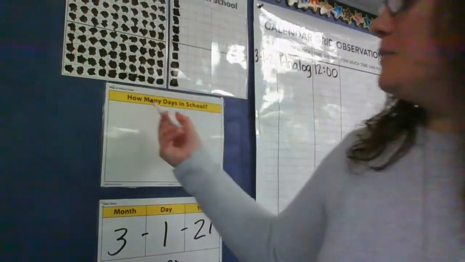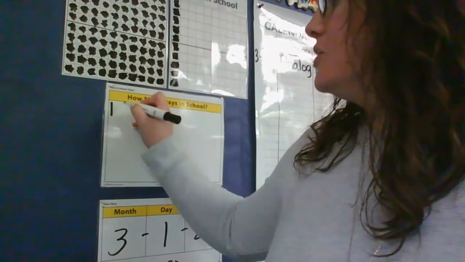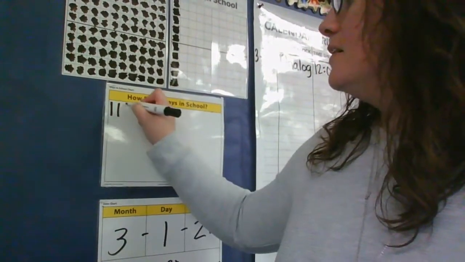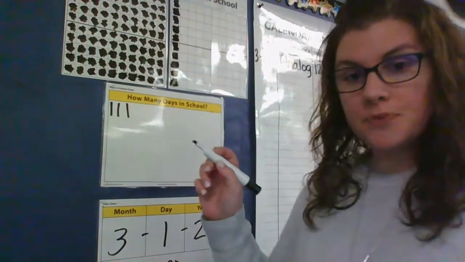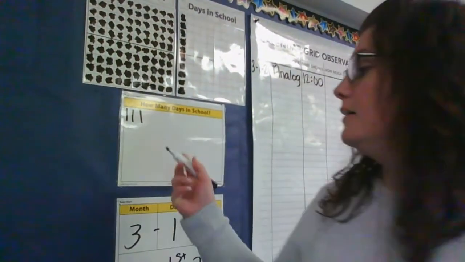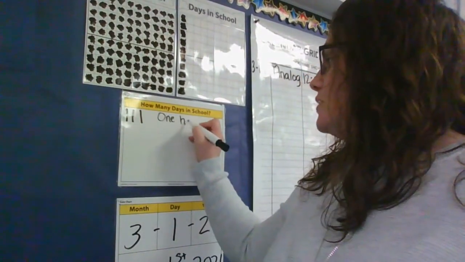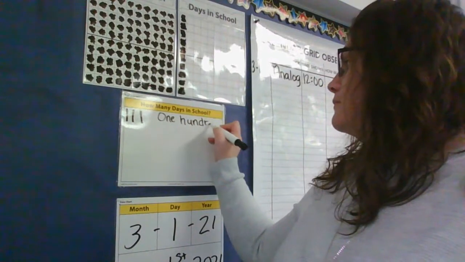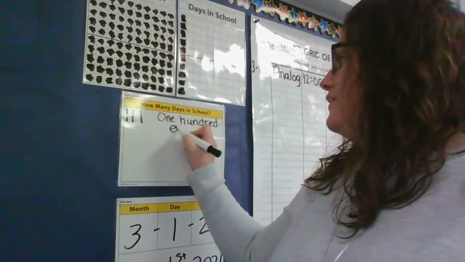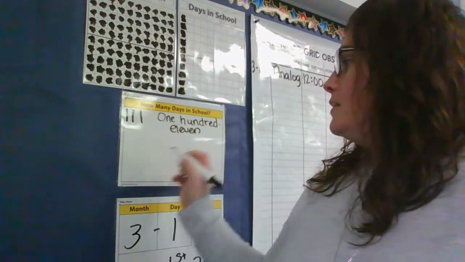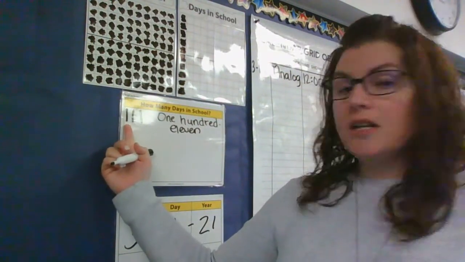So when we write the number 111, we write a 1 in our hundreds, a 1 in our tens, and a 1 in our ones. Sorry, I just realized how close I was to the camera. We want to write out the word. Remember, this outside column is our hundreds.